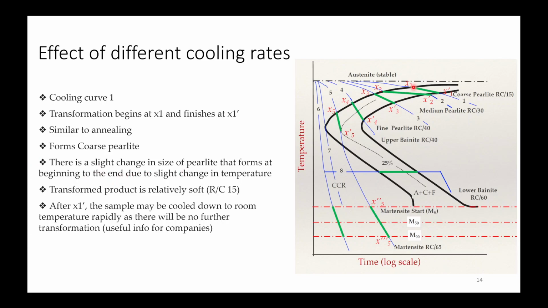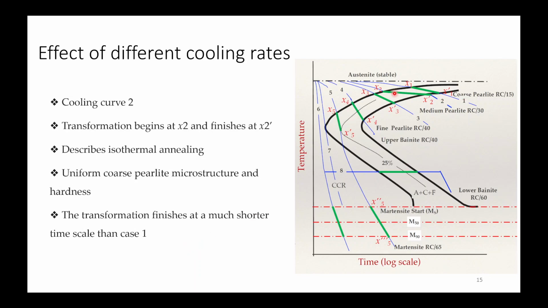So as the temperature is changing, the size of pearlite will also change. The transformed product is relatively soft, which has Rockwell hardness 15, and after x dash 1 the sample may be cooled down to room temperature rapidly as there will be no further transformation.